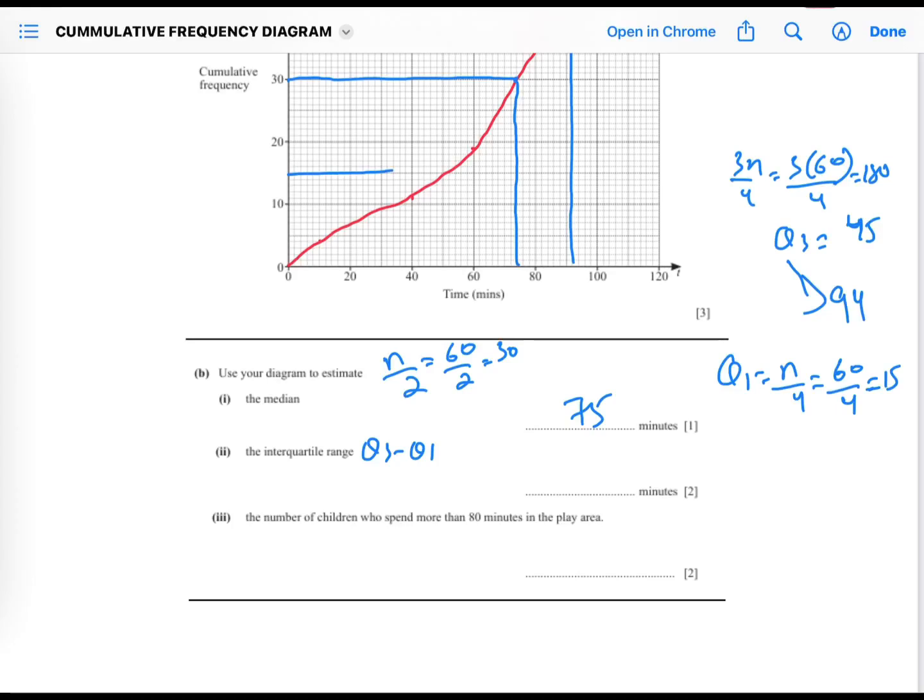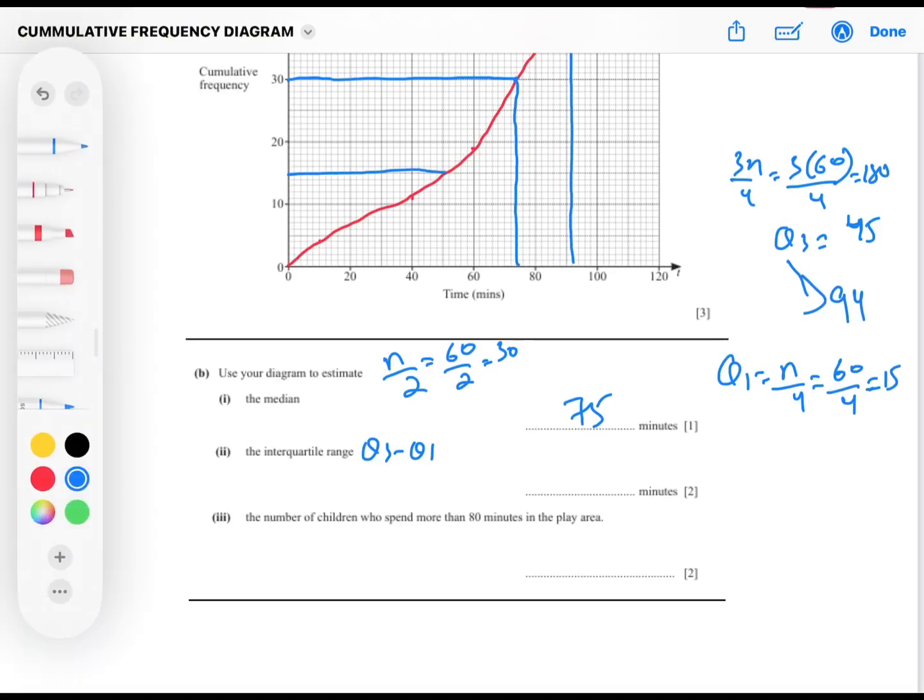Here I have 15, exactly at the center. So this will be 50. So q3 is 94 minus 50. This will give us 44. So the final answer we are getting is 44.